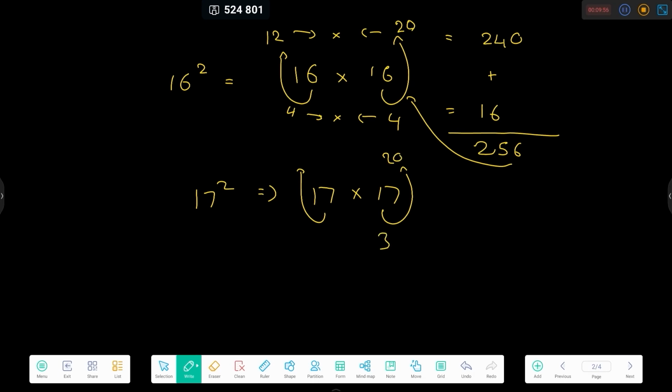And so it would be subtracting a 3, making it a 14. 14 into 20 is 14 twos are 28 plus 280, and 3 into 3 gives you 9. So 17 square is 289.